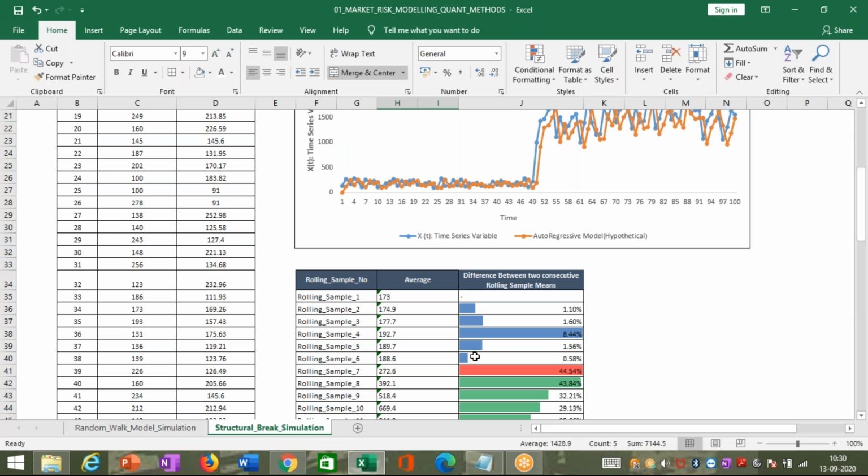Now, the next question is: once you have identified a structural break and you have divided your sample, the sample that you are going to use will be the most recent sample, because before the structural break had happened, you cannot use that data sample. Within this sample, after the structural break, there can be other sources which create non-stationarity in the series.